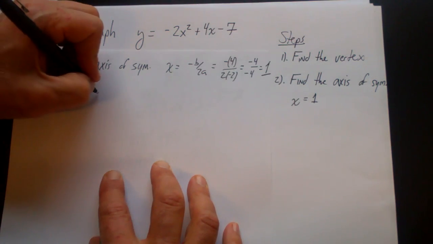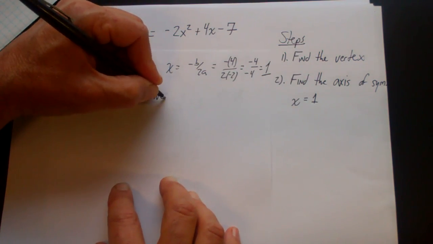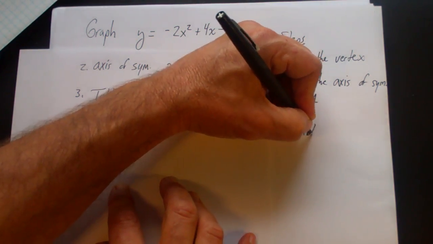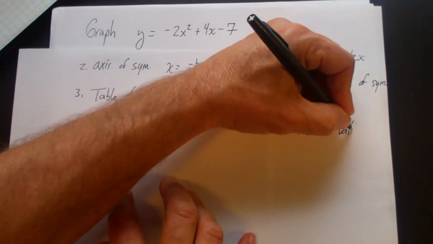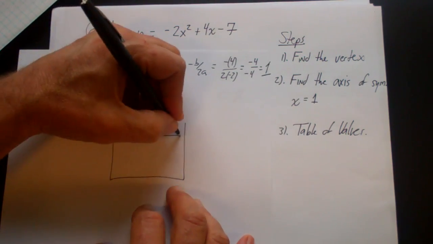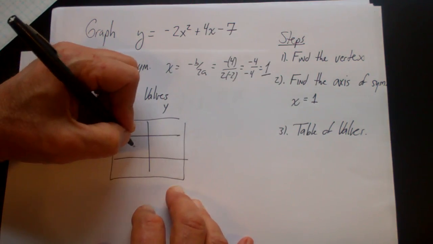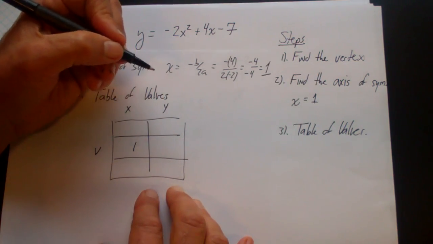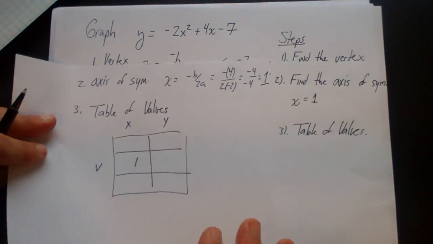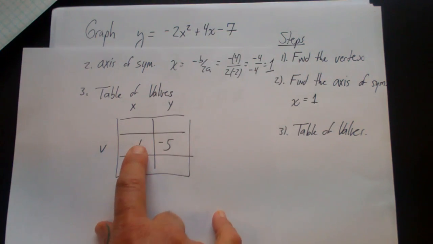And the third step is you're going to make a table of values. Third step is make a table of values. x, y, put the vertex here, 1 and negative 5. Now you can choose any values of x you want to.